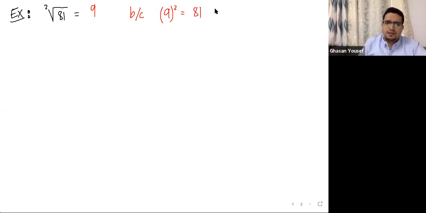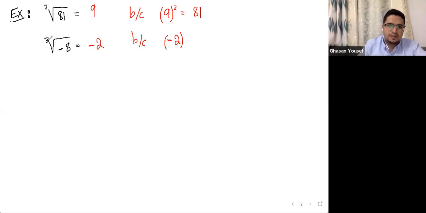Another example is the third root, or the cube root, of minus 8. What is the answer? Minus 2, yeah, this is correct. Why? Because minus 2 to the power 3 is minus 2 times minus 2 times minus 2, which gives me minus 8 inside.